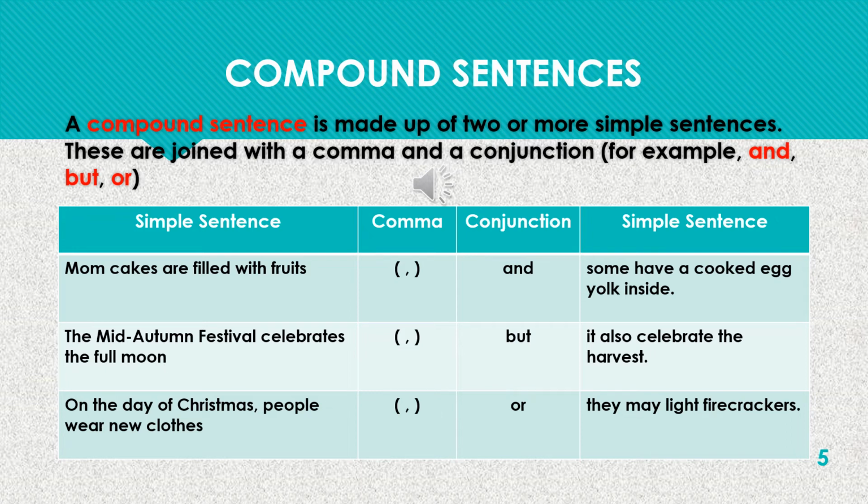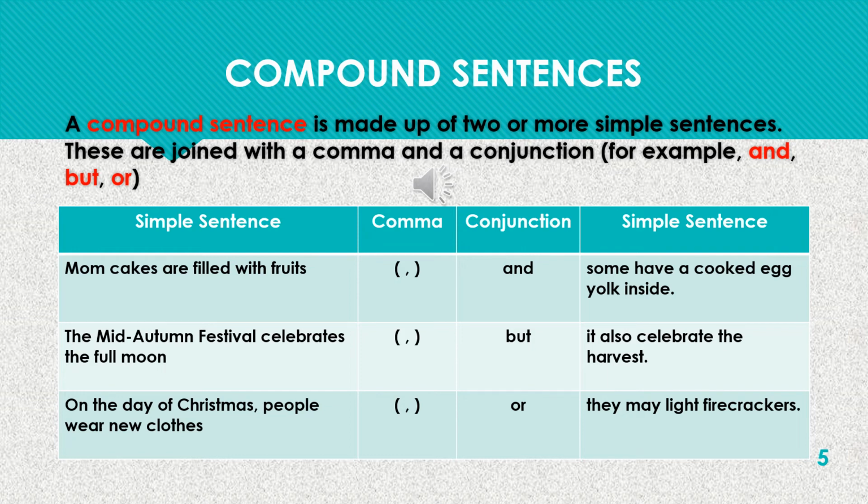Okay, now here I have the examples. Please listen to me. Simple sentence: Mom cakes are filled with fruits. Then you have the comma, and then you have the conjunction, and then you have the second simple sentence.